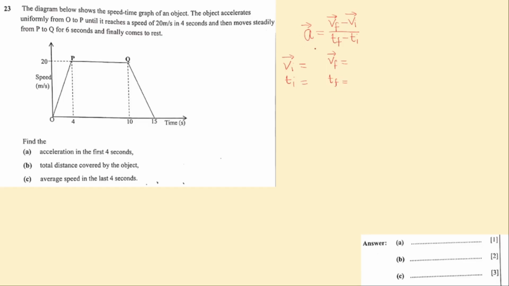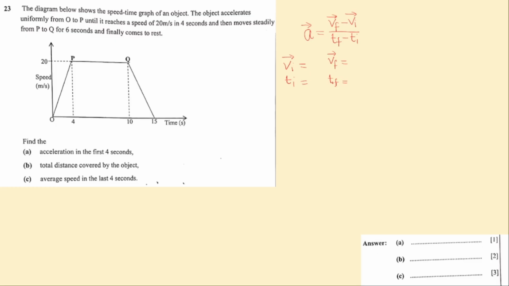Okay, so we use this formula for finding the acceleration. So we have velocity. The velocity V sub f is the velocity at the end of the time period, and V sub I is the velocity at the beginning or the start of the interval.